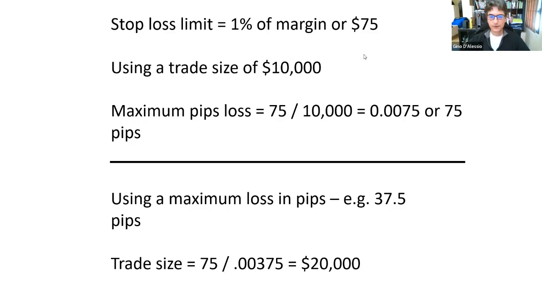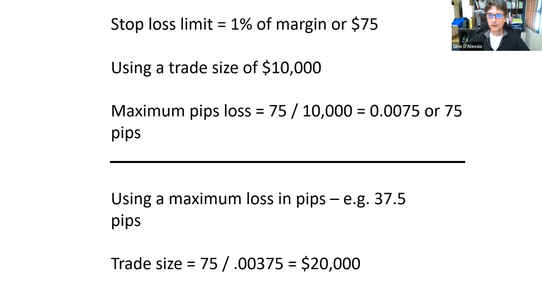Because if I buy at 1.10 and my technical indicators tell me my stop loss would be at 1.09, that's not reasonable to begin with, because I cannot place that trade. It's too large for my maximum stop loss. But I can also size the trade down, and we'll see how we do that. I can size the trade up or down to fit my stop loss.